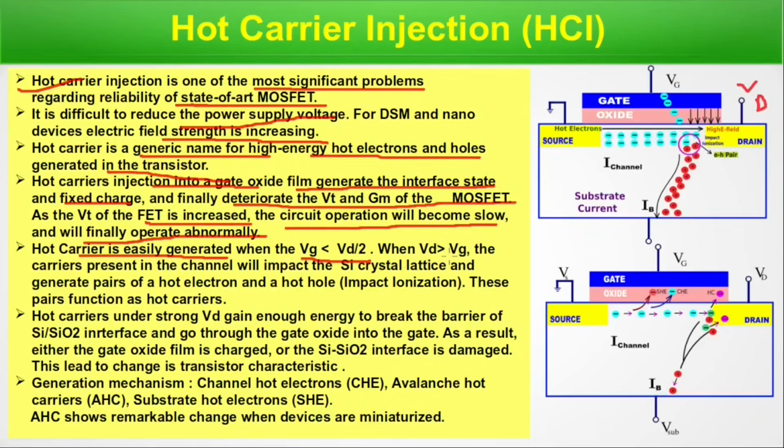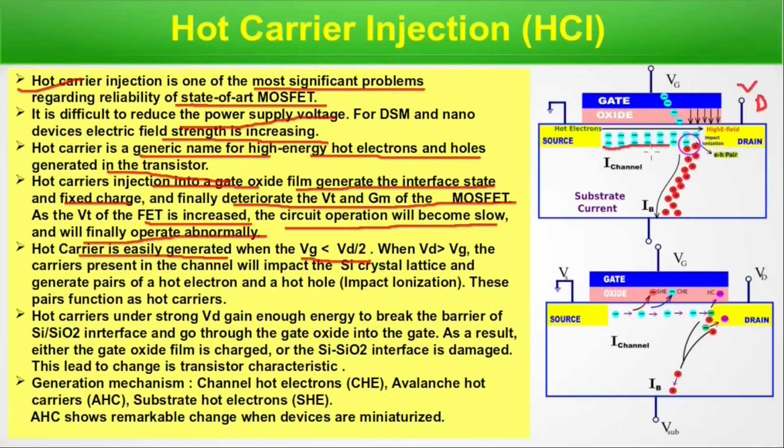When VD is much greater than VG, the carrier present in the channel will impact the silicon crystal lattice. If VG is not that prominent, very less, and VD is really high, electrons which are flowing from here to there become highly accelerated. Once they are accelerated, they impact the lattice.